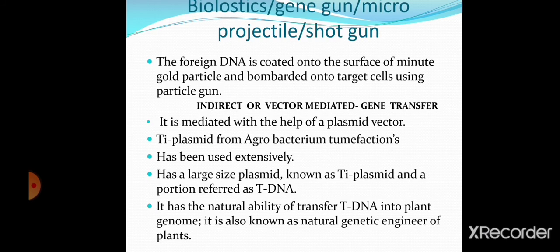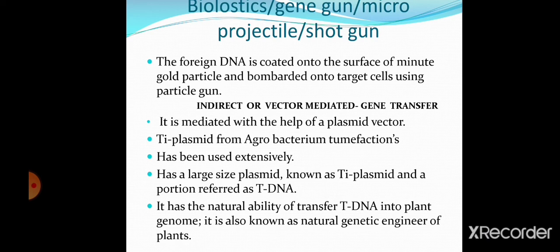Next is biolistics. There are other names for biolistics: gene gun method, microprojectile, shotgun method. So what is biolistics? Here the foreign DNA is coated onto the surface of minute gold or tungsten particles, and bombarded onto the target tissue.